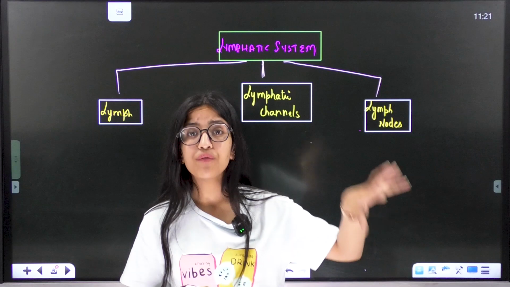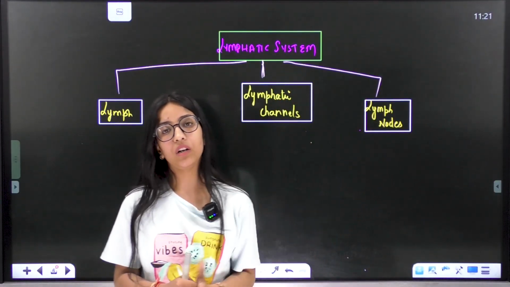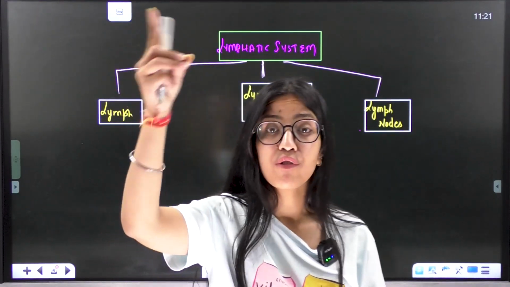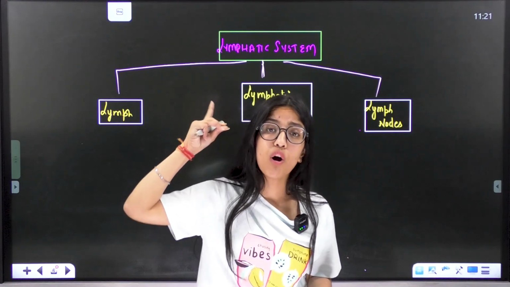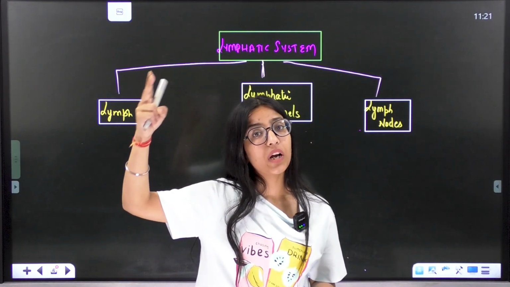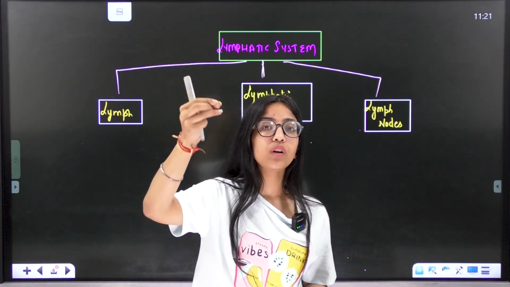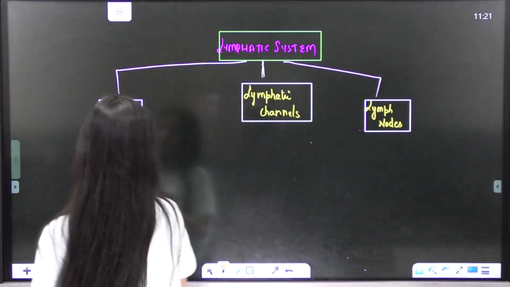Also, the lymph contains less protein as compared to blood. Only three points you have to remember about lymph. First, it is a colorless fluid due to absence of RBC. Second, it contains white blood cells. Third, it has less protein as compared to blood. Okay, clear? Let's write.